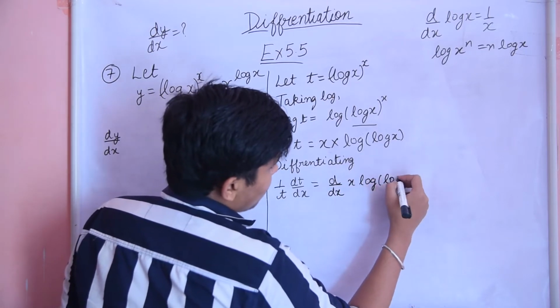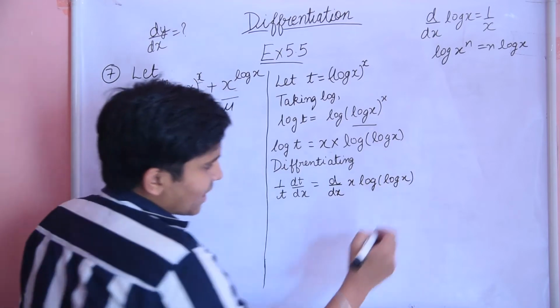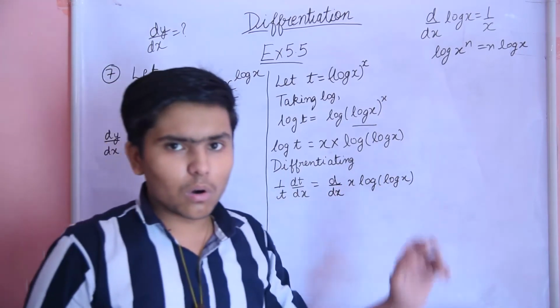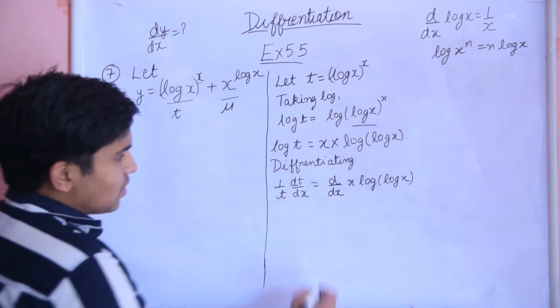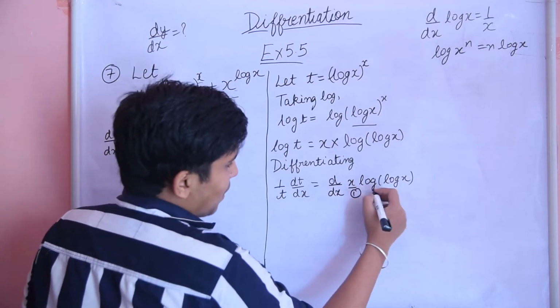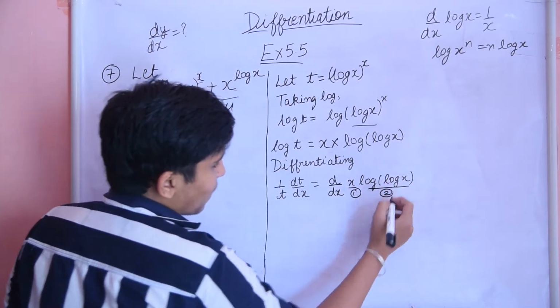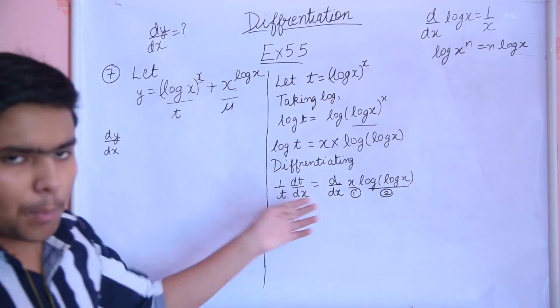Similarly, differentiating on the RHS side, x into log(log x). Here you are seeing that this is a multiplication of two functions, so we will apply the product rule.